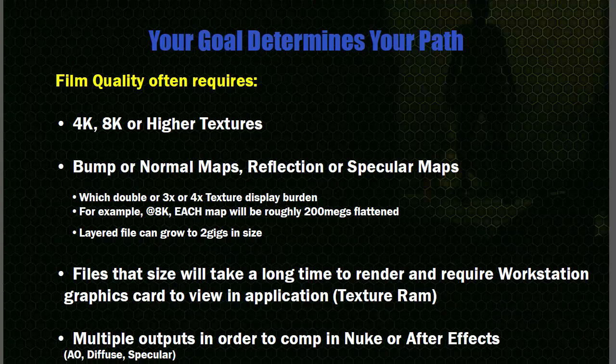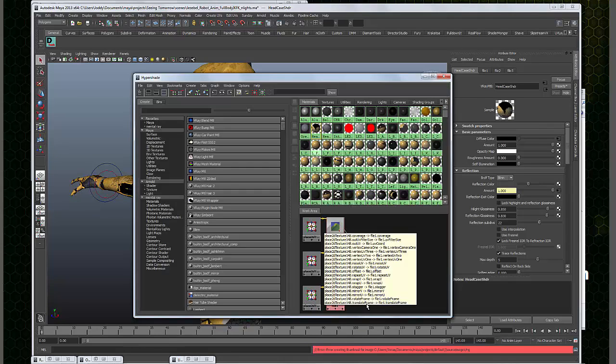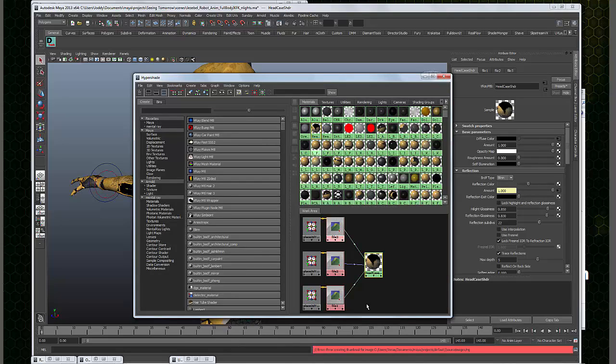On Seeing Tomorrow, as you can see here, a lot of the close-up shots, each particular piece of the Jezebel robot's armor, the bump maps and the normal maps and the color maps, each map was 8,000 pixels.